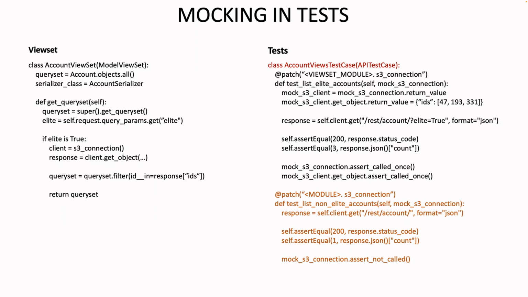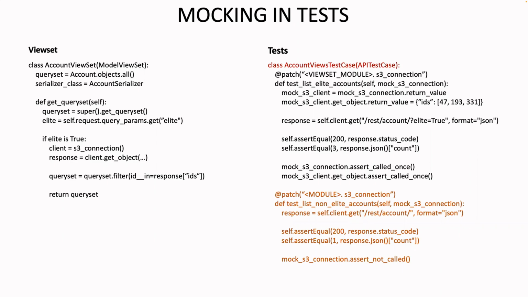One thing I want to mention is I've used assert called once, and that's because in this example, the mock for S3 is being called once. If in the view set there was a loop happening, you couldn't use once. It would tell you that the mock for S3 is being called multiple times, so that would fail the assertion.